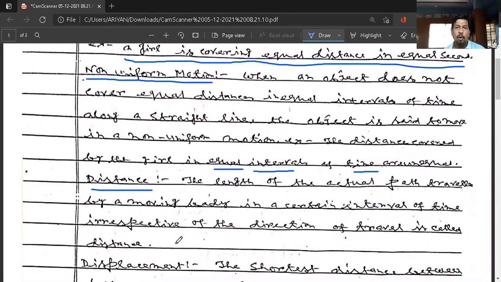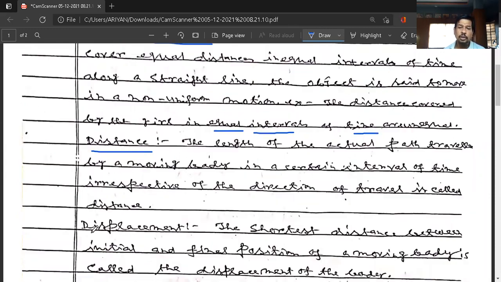The length of the actual path traveled by a moving body in a certain interval of time, irrespective of the direction of travel, is called the distance. Distance में खाली length होता है. Displacement হচ্ছে shortest distance.